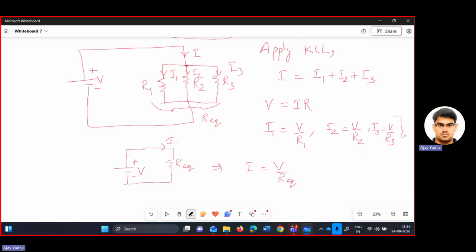So these are the set of equations: this is equation 1, this is 2, and this is 3. You put the values from equations 2 and 3 into equation 1.